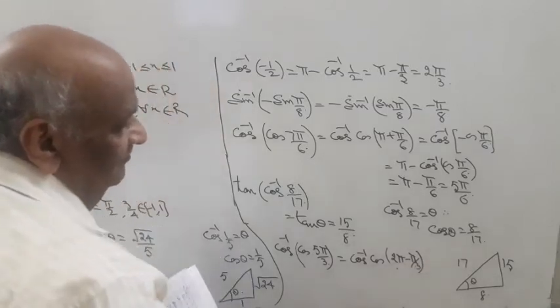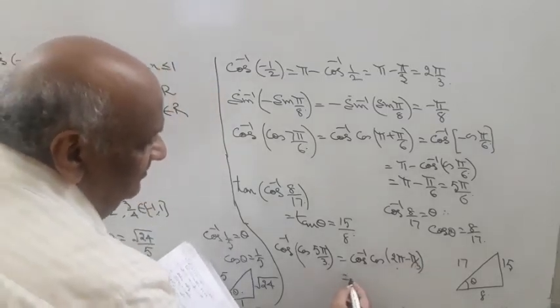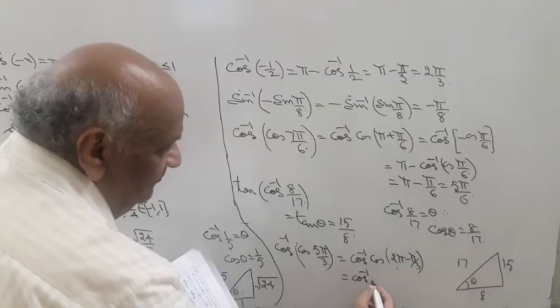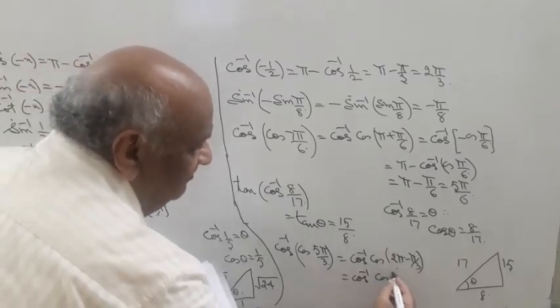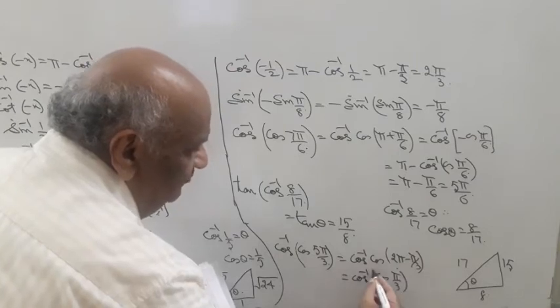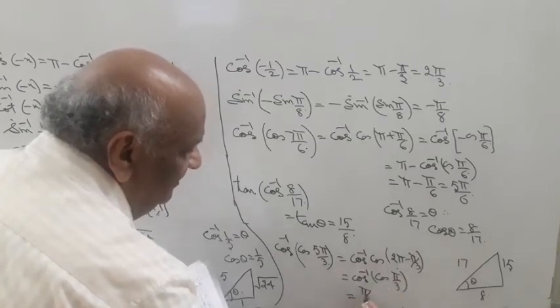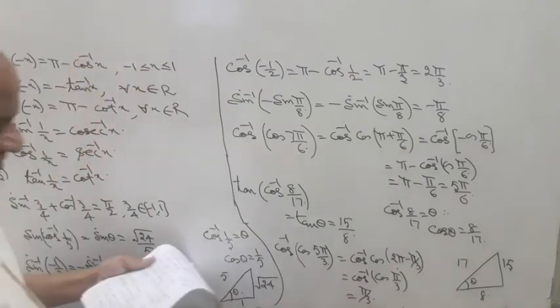Look, and this is cos inverse of cos of 360 minus theta, with theta being pi by 3. When you simplify and apply the property, the value is just pi by 3.